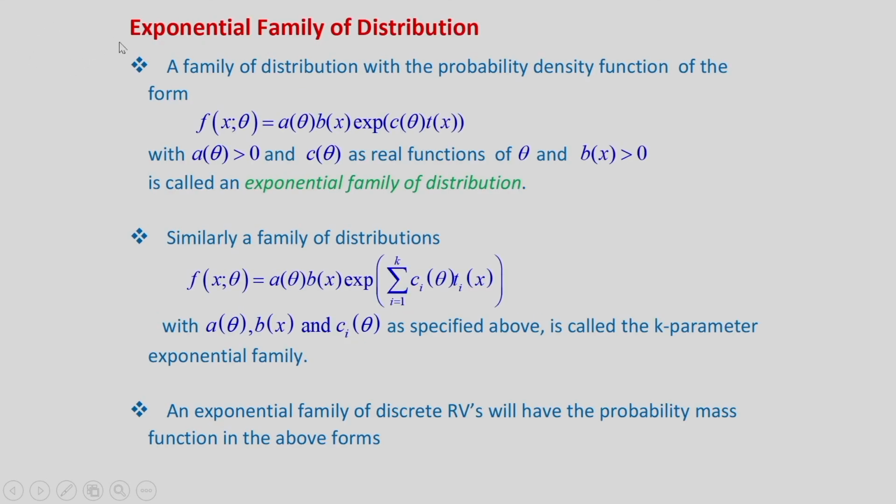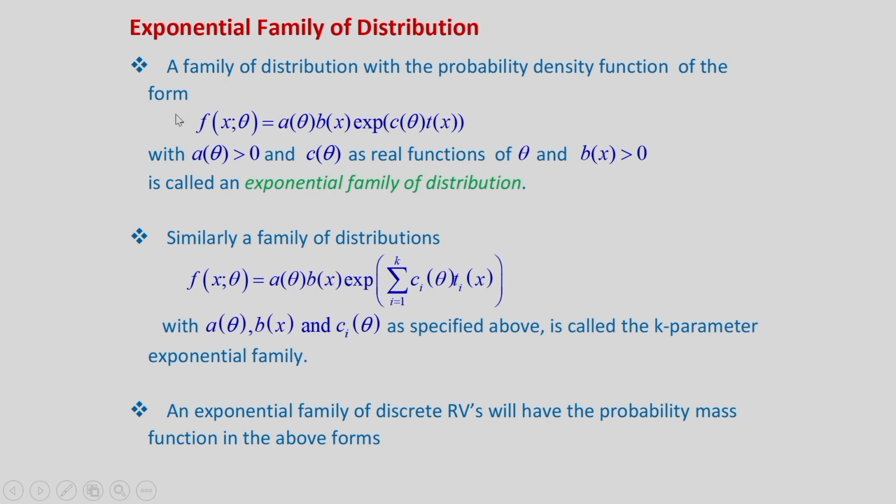We will discuss one important family of distribution for which finding out a complete sufficient statistic is easier. Such a family is the exponential family of distribution. A family of distribution with the probability density function f(x; theta) can be written in the form: one term is a(theta), another term is b(x), and the third term is exponential of c(theta) into T(x).